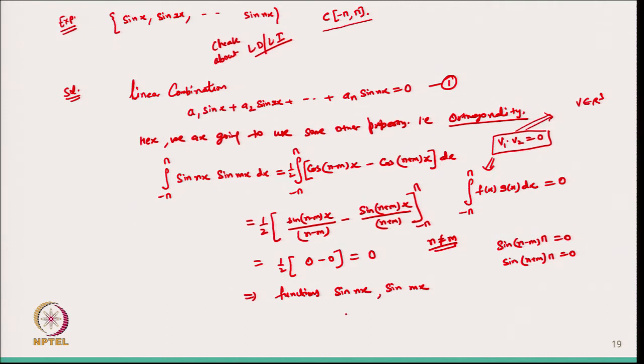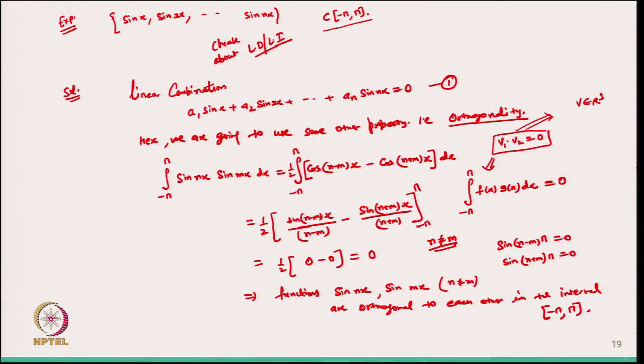So, the functions sin nx and sin mx, when n is not equal to m, are orthogonal to each other in the interval from minus pi to pi.